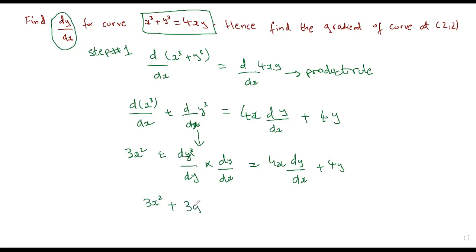Very good. And this would come as it is, dy by dx. Now I'll take this to this side for a reason: 4x dy by dx, and I have 4y minus 3x square. I've taken this 3x square to that side, so I'll rub it from here.